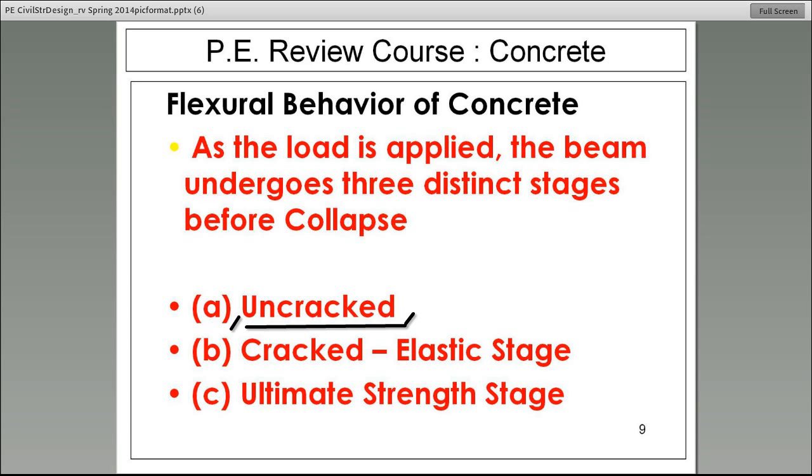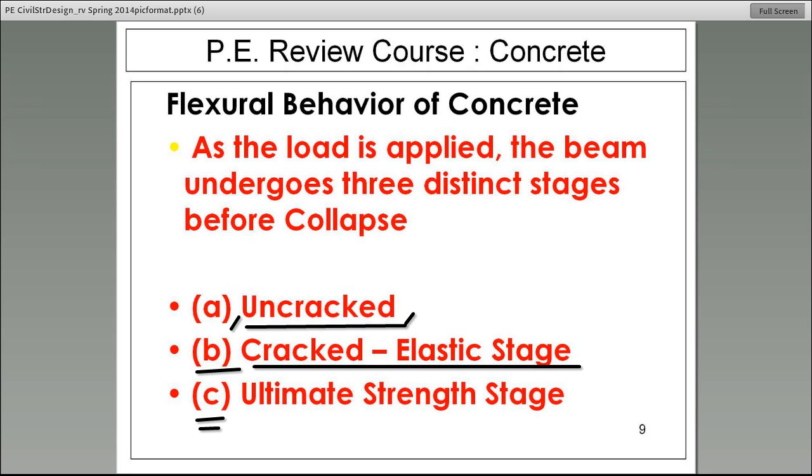When that happens, the second stage of its life begins, which we refer to as the cracked elastic stage. There are cracks within this beam on the tension side in general, but the behavior is elastic. So we call that cracked elastic. Then when it gets through that stage, the third stage, called the ultimate strength stage, begins.